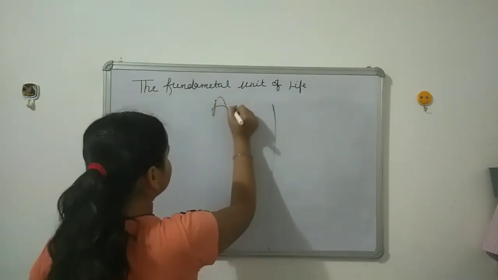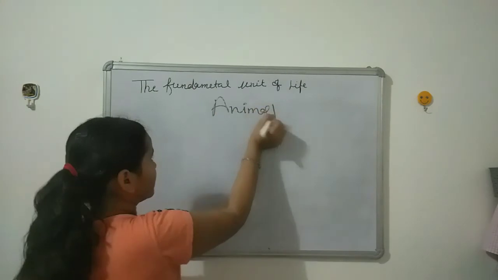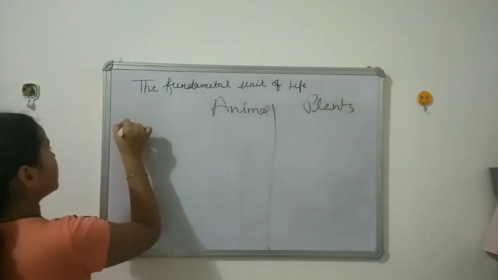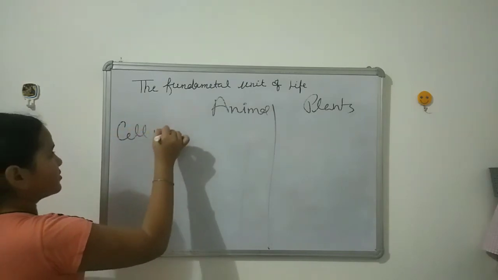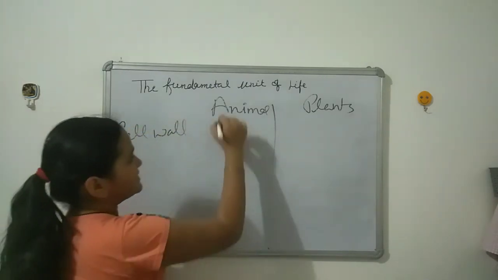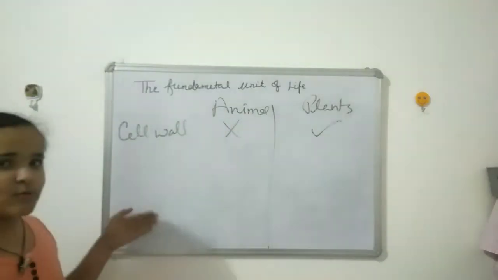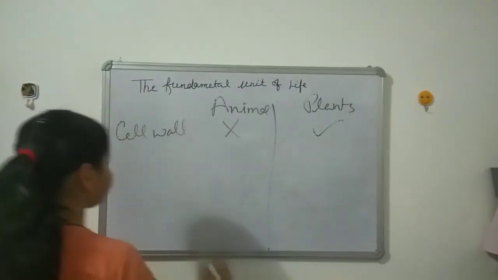This is of animal, this is of plants. So the cell wall is not present in animal cell, it is present in plant cells. Cell wall is only present in plant cells.